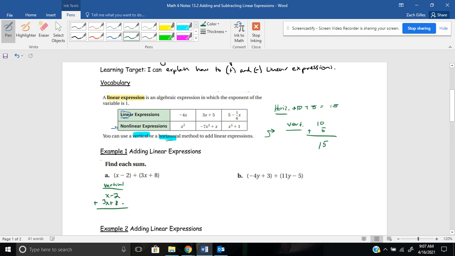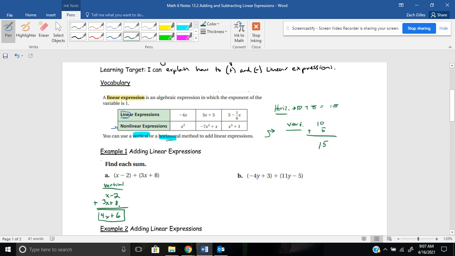Next, I just add like I normally would with vertical addition. So I have negative 2 plus 8. That would give me positive 6. And x plus 3x would be 4x. So I would end up at 4x plus 6.